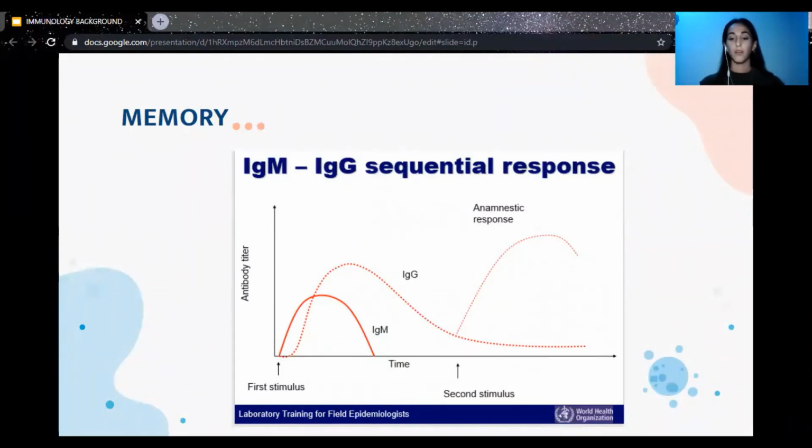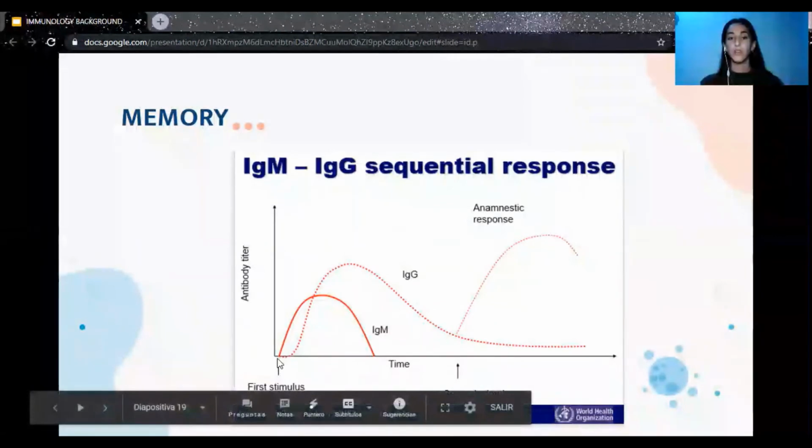My body is going to encounter this virus for the first time. The B cells are going to prepare specific antibodies against it. First of all, my B cells are going to secrete IgM antibody. So here in the graphic, in the picture we have here, we are going to see this first stimulus: the virus enters my body and my body secretes IgM.